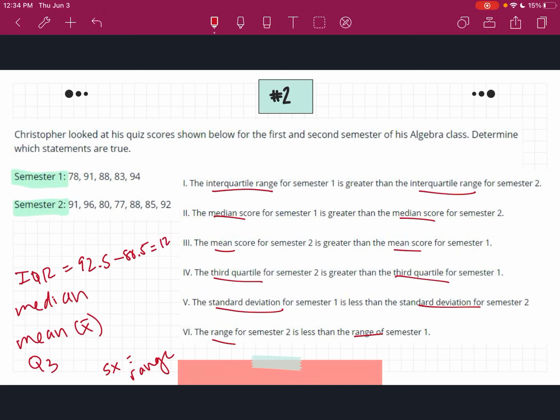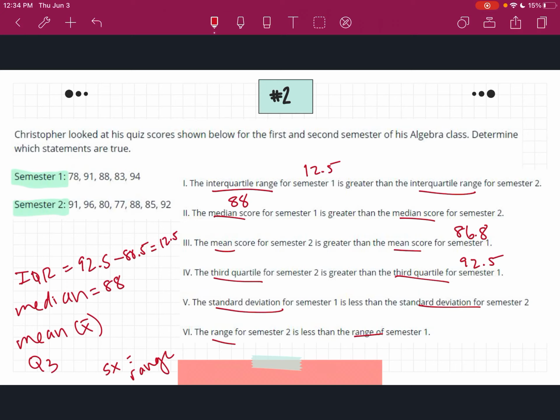So that would be 12.5. So our IQR for semester 1 is 12.5. And then for the median, we got 88 for the first one. The mean for the first one should have been 86.8. The third quartile is 92.5.